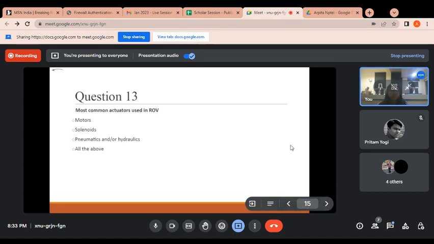This is our next question. The most common actuator used in ROV, remotely operated vehicles, I think is the full form, and this question is directly taken from the lecture video. So the most common actuators, here are some examples of actuators, which are used in the case of remotely operated vehicles: motors, solenoids, hydraulics, or all of the above.